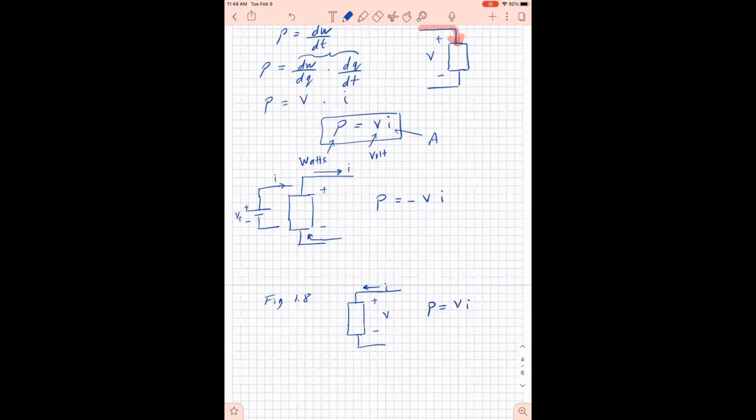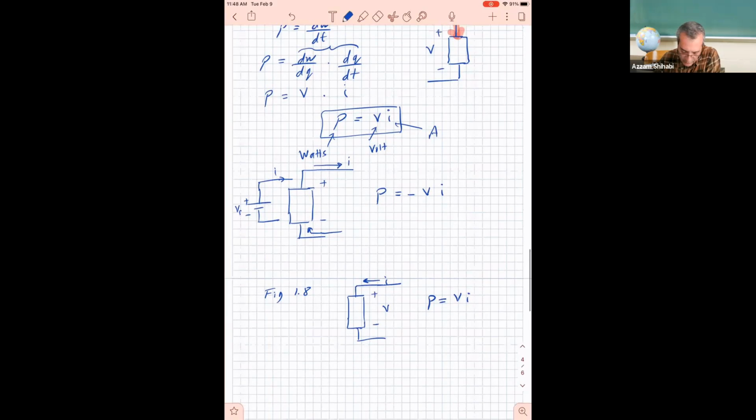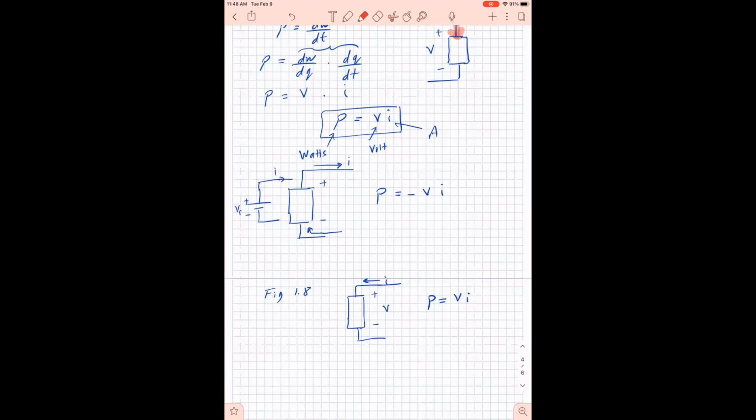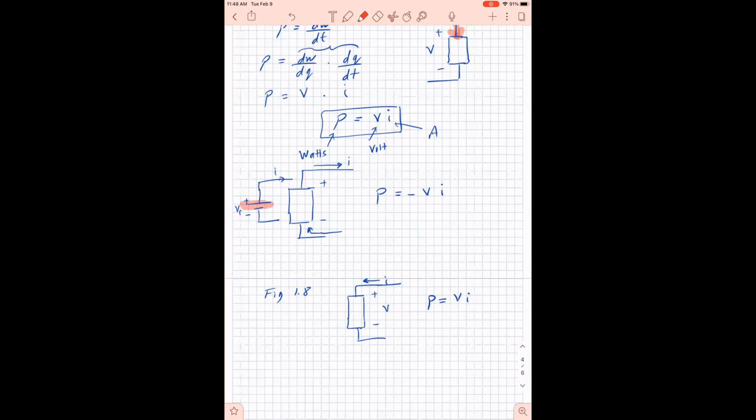Okay. So that's different to the battery. Is that correct? Yeah, the battery is exactly the opposite. The battery gives you current, like what I did here. The current comes out of the positive terminal, goes into the negative terminal. So in this case, the power is negative V times I. For the battery or for the element itself? For the battery.